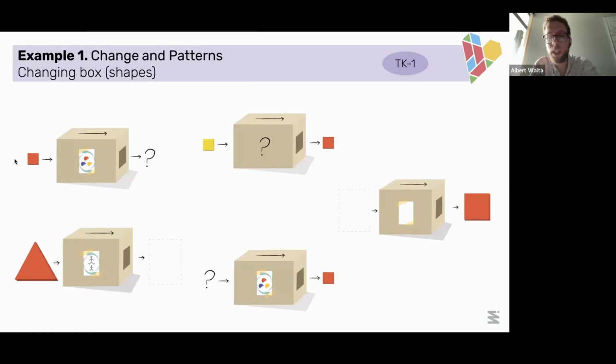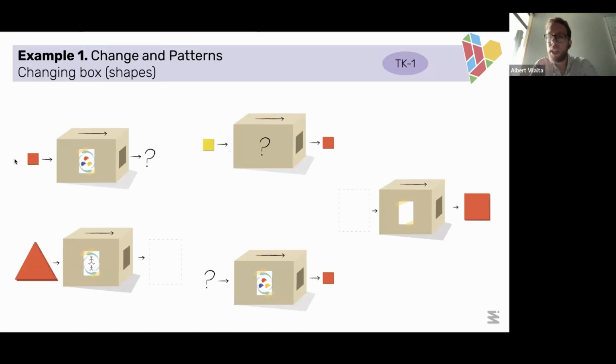So if the change is in color, the output could be either a yellow little square or a blue little square. And you see how I emphasize little and square? Because those are the attributes from stage 0 that I was telling you that kids need to recognize before analyzing what is changing, you see?